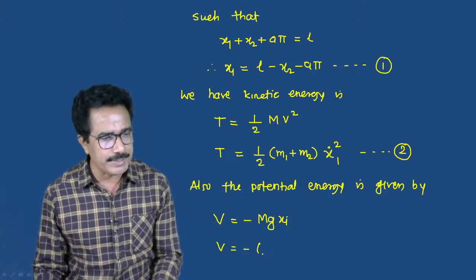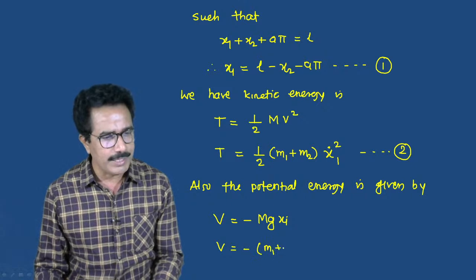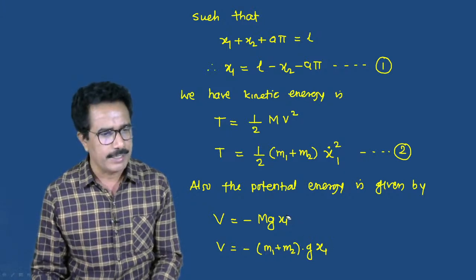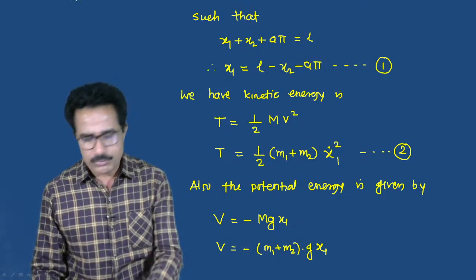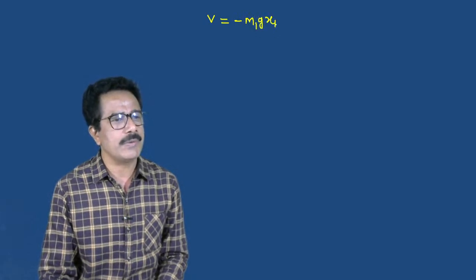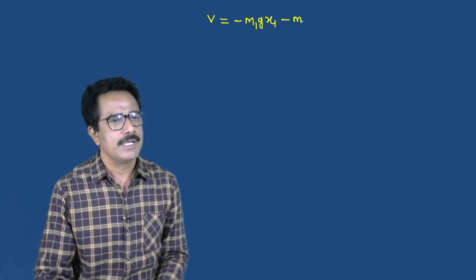So capital M means m1 plus m2, into g into x1. Now separate this. Therefore the potential energy V is equal to minus m1g into x1 minus m2g into x2.